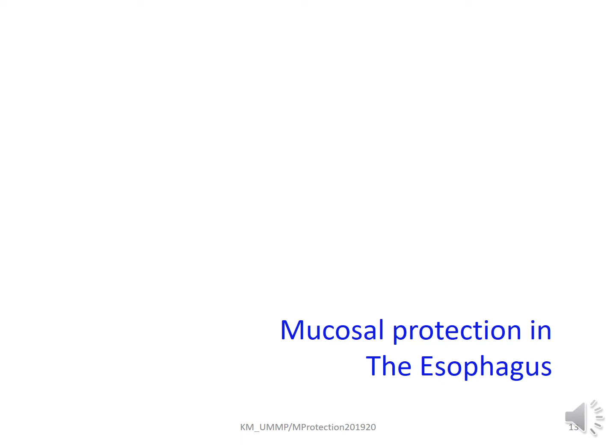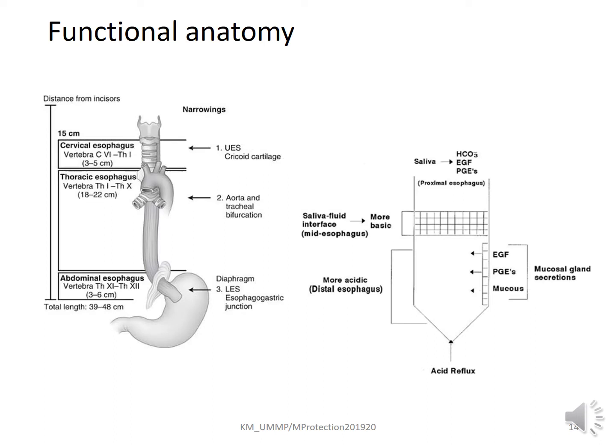Move on to the mucosal protection in the individual structures in the GIT. Let's start with the esophagus. This is your esophagus. The esophagus is a tubular structure. At the entrance of the esophagus, we have one door. This door we call the upper esophageal sphincter. And at the exit to the stomach, we have another door that we call the lower esophageal sphincter.